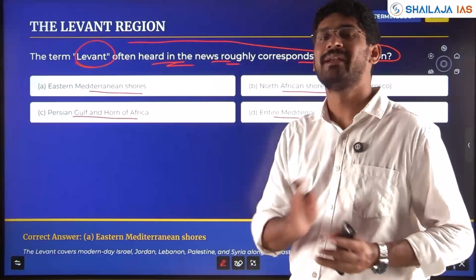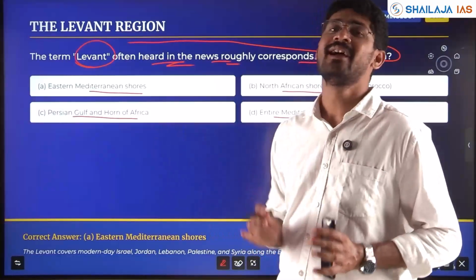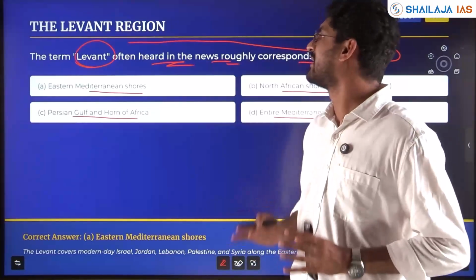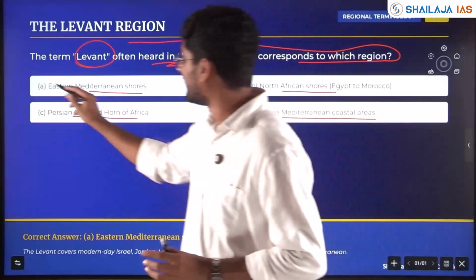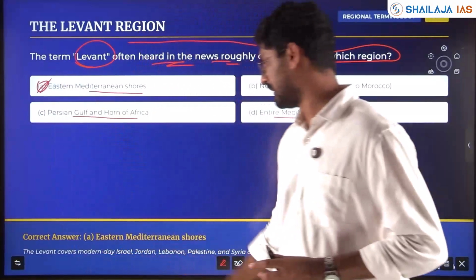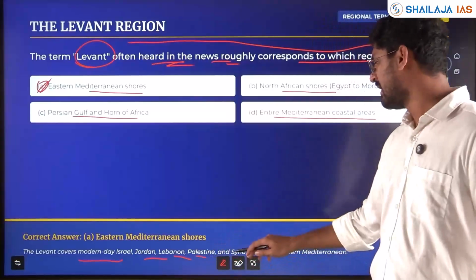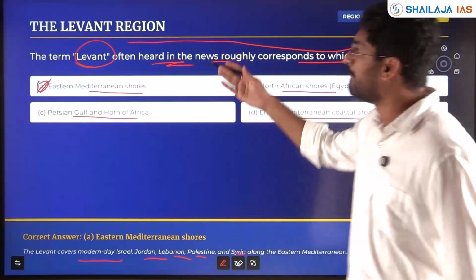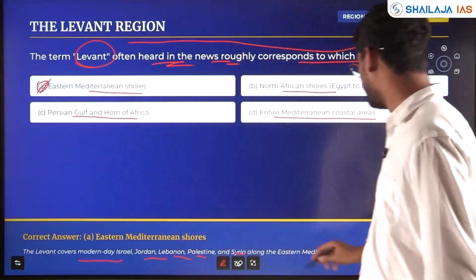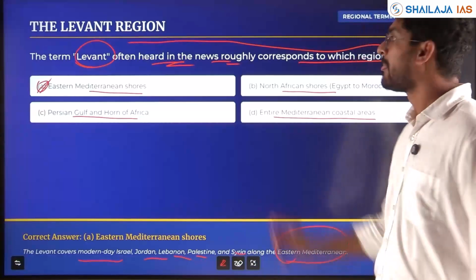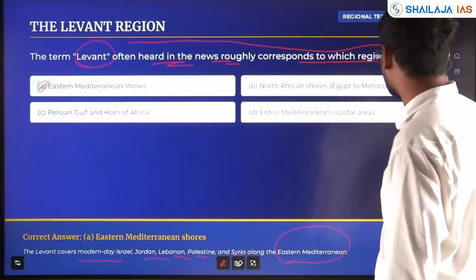The term Levant means the eastern breeze in the Mediterranean region. So where is the eastern breeze or the eastern Mediterranean shores? It is option A. It covers modern day Israel, Jordan, Lebanon, Palestine and Syria. The eastern shores of the Mediterranean region. So answer is option 1, option A here.